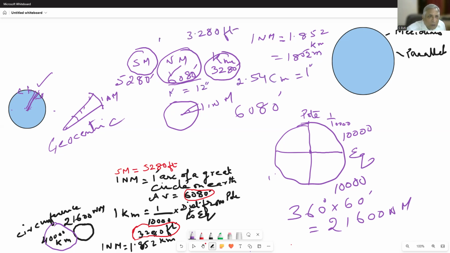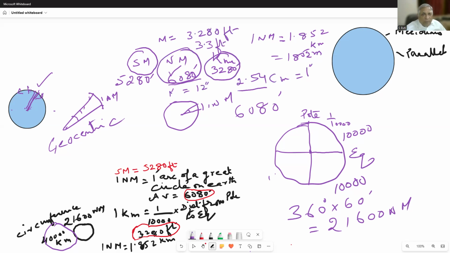Each meter is 3.280 feet or roughly 3.3 feet. Each 1 foot has 12 inches. Each inch is equal to 2.54 centimeters.